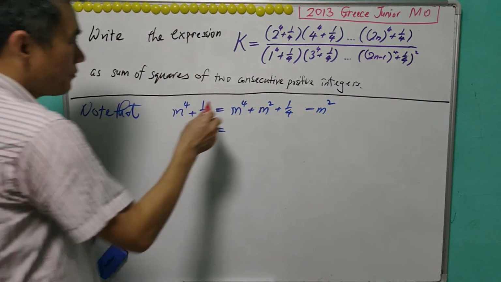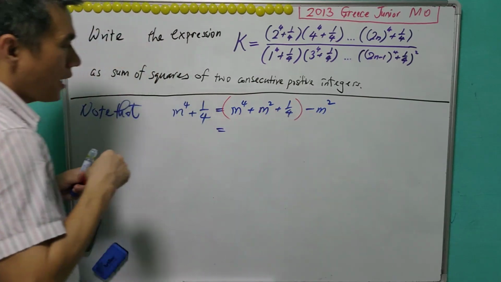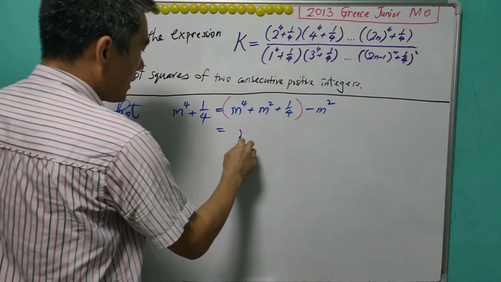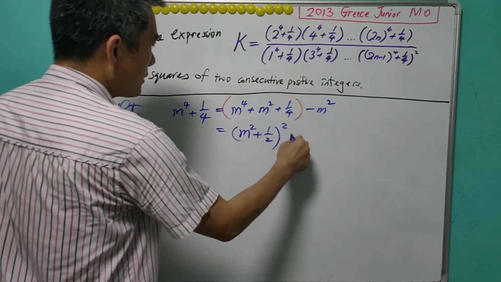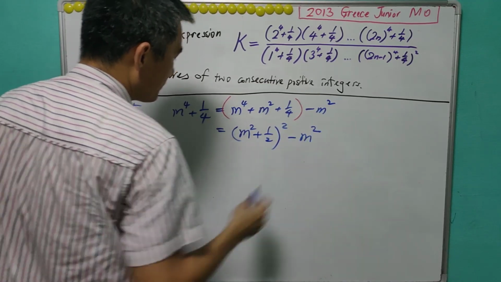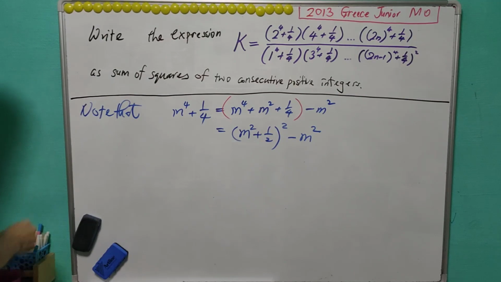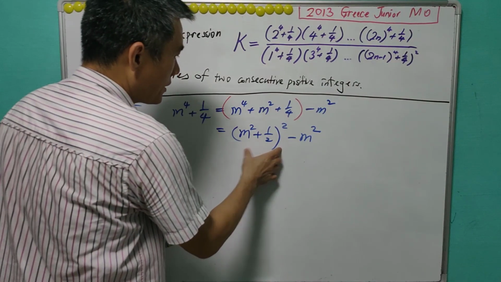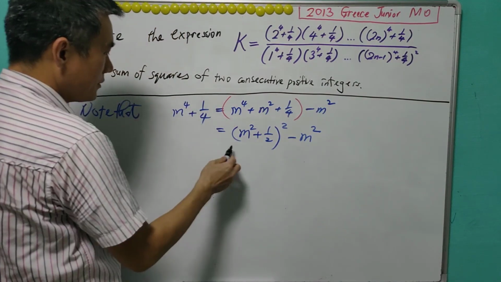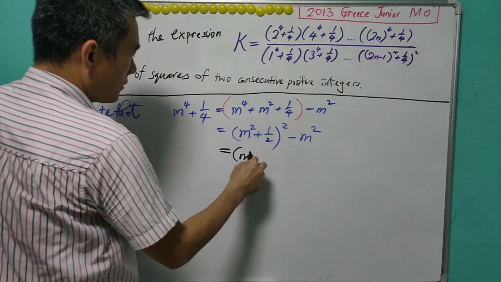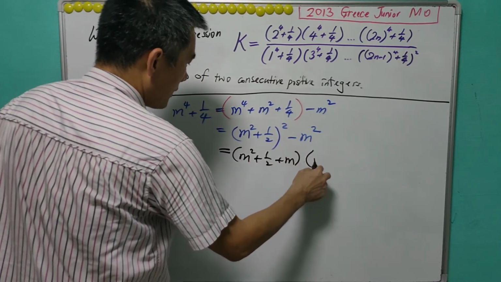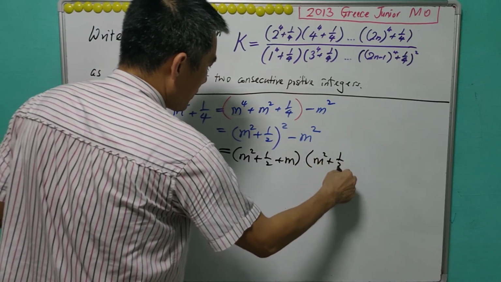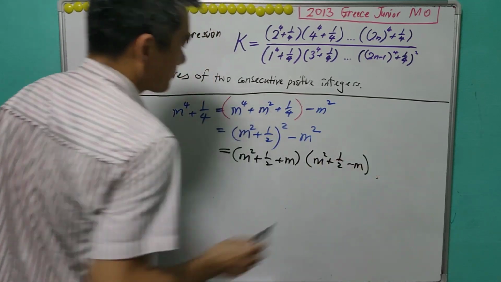Now we combine the first three terms, and this will give me (m squared plus half) the whole thing squared, minus m squared. Then this is the difference of two squares, so it will be the first plus the second one, and the first minus the second one.